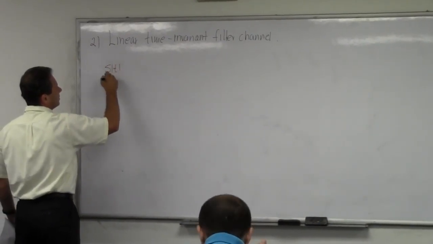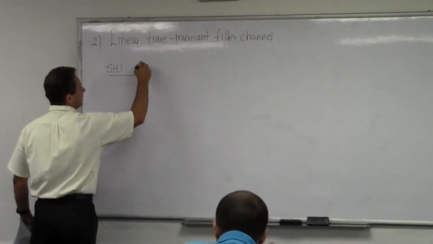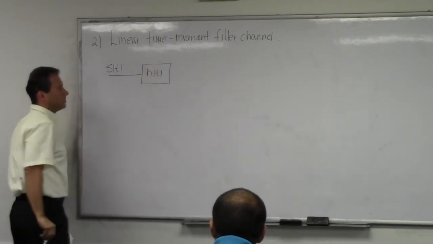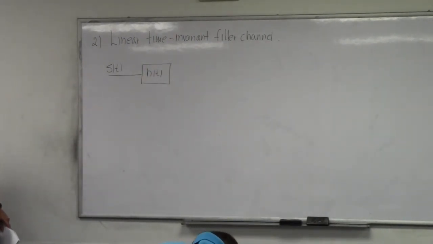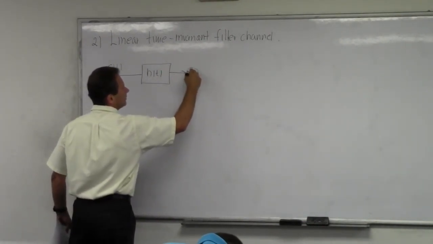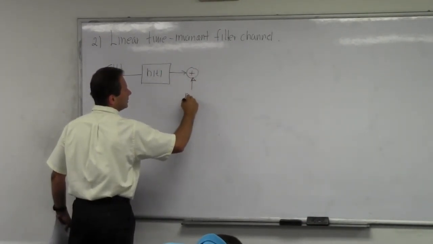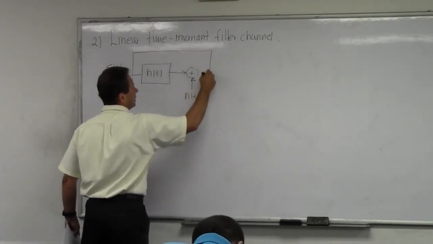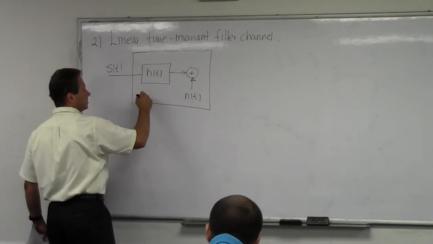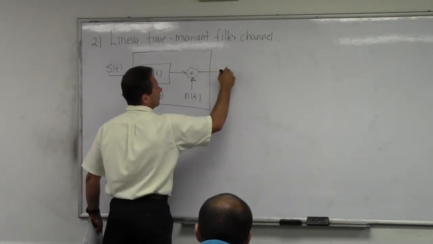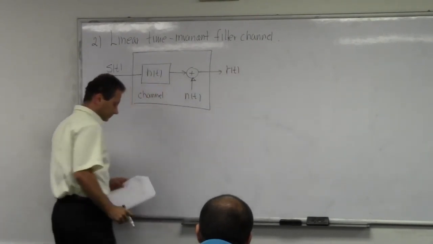You have, again, your input signal here, but then the channel acts as a filter that I'm going to specify through its impulse response here. And also, the signal is corrupted with noise. So now, these two together make a channel. And this is your output signal.